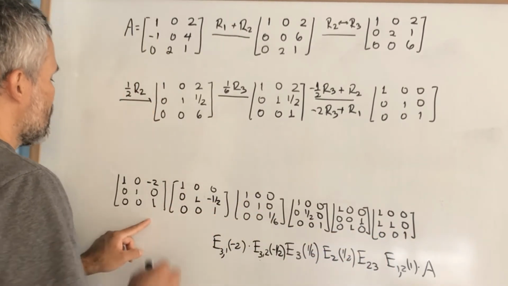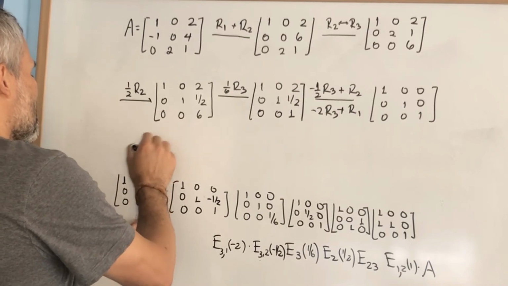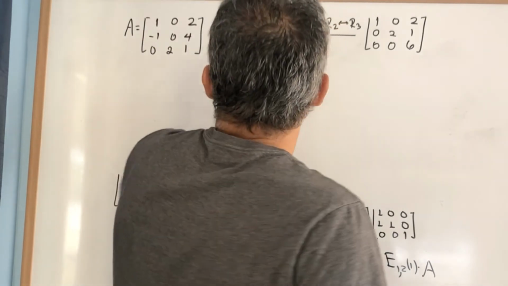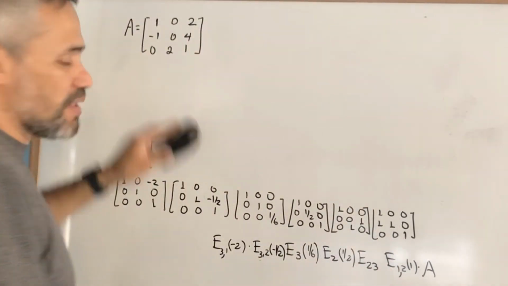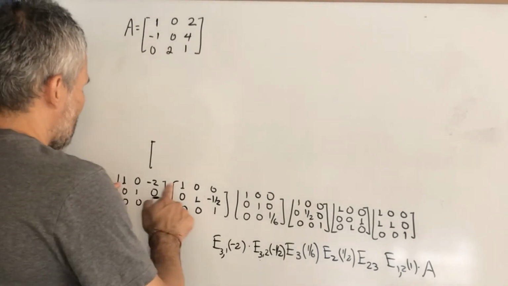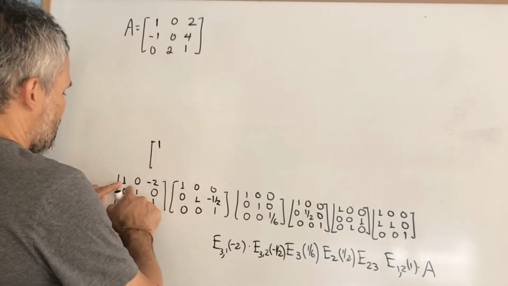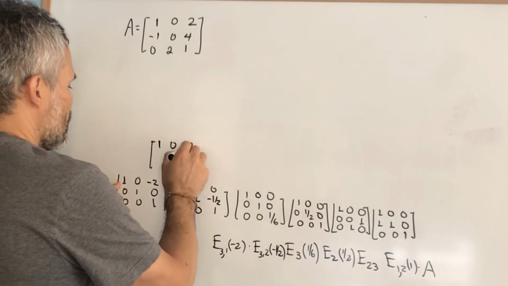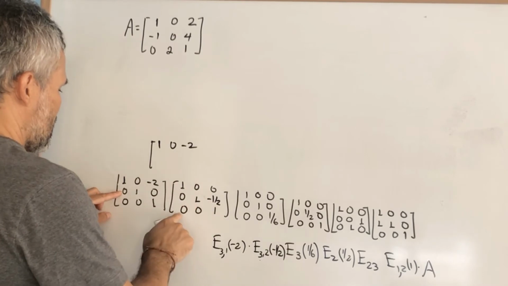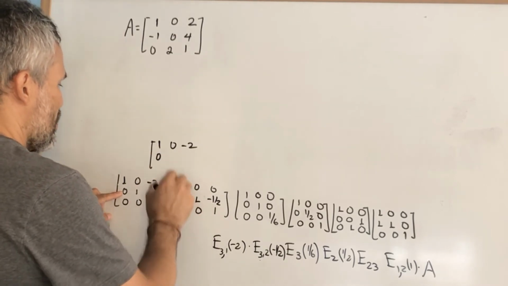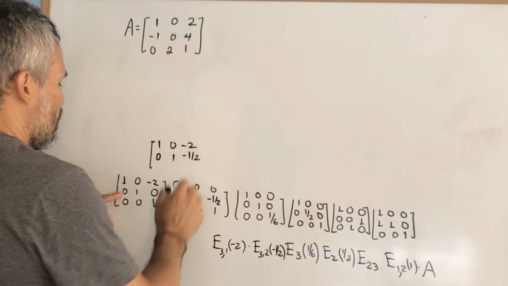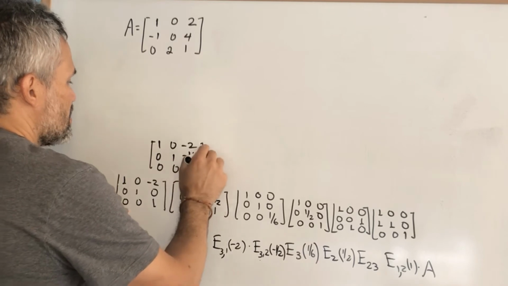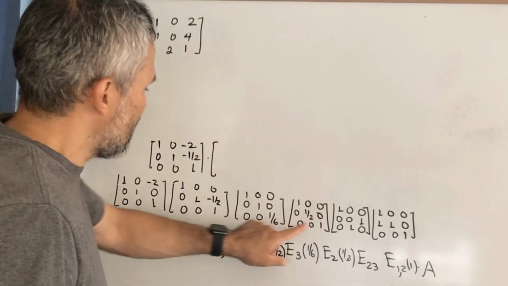When we multiply these two, what do we get? Maybe we will need more space. I'm going to erase this part, and I'm going to just leave the matrix A. When I multiply these two, I get 1, 0, and here we get -2, 0, 1, -1/2, 0, 0, 1, times, let's multiply these two.